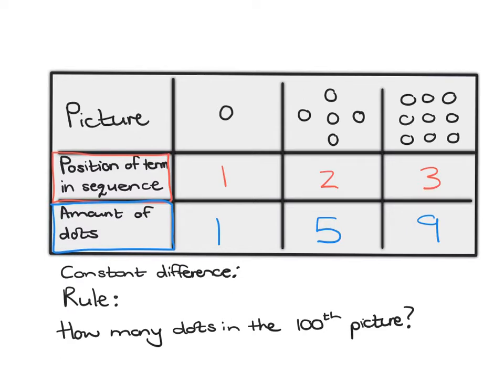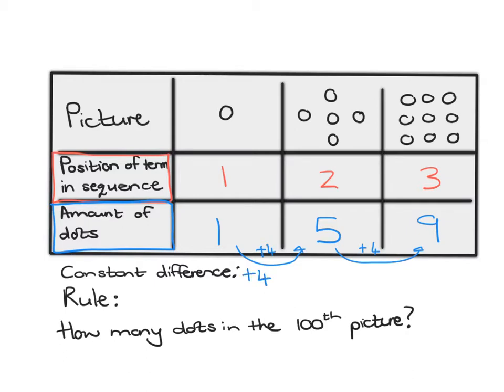By just having these 3, I can immediately see if there is a constant difference. Is there a constant difference? Plus 4. The constant difference will be plus 4. And that I can use to get picture 4, picture 5, even maybe picture 6 if I want to go that far. So the constant difference is plus 4.